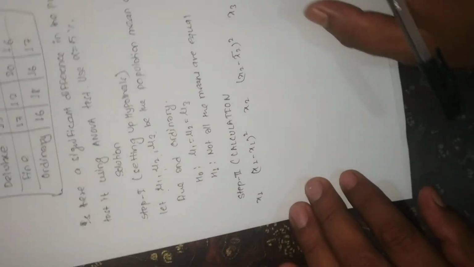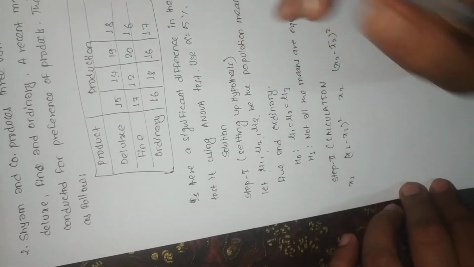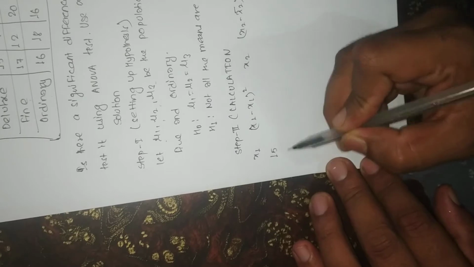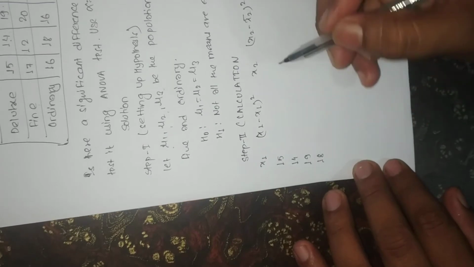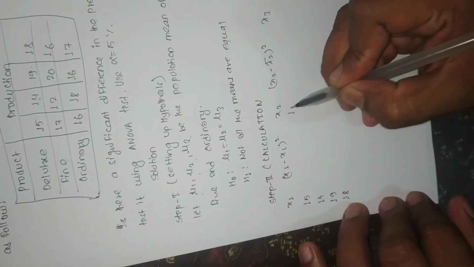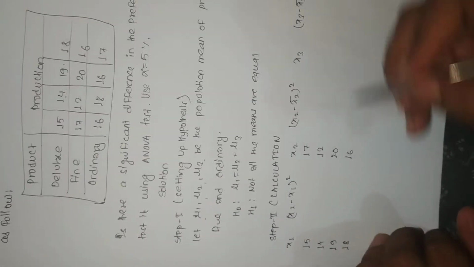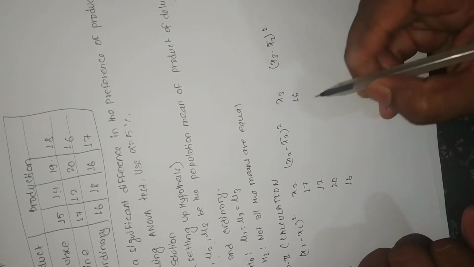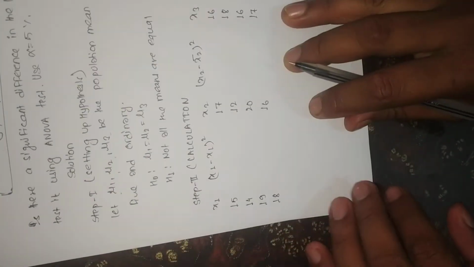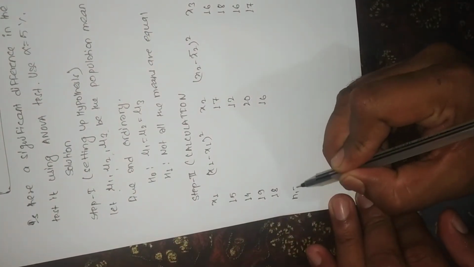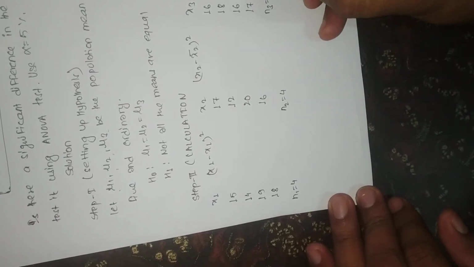The values for x1 are 15, 14, 19, 18; for x2, 17, 12, 20, 16; for x3, 16, 18, 16, 17. And n1 is 4, n2 is 4, n3 is 4.